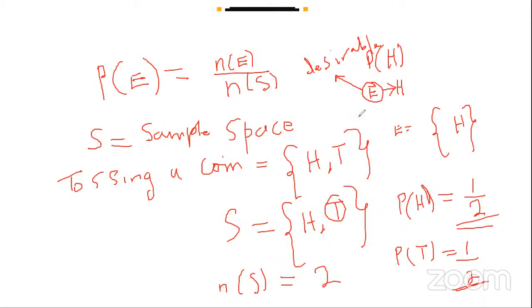So suppose we now want to throw 2 coins. What will be the sample space if we are throwing 2 coins? 4. 4 is the number. Maybe we can draw.